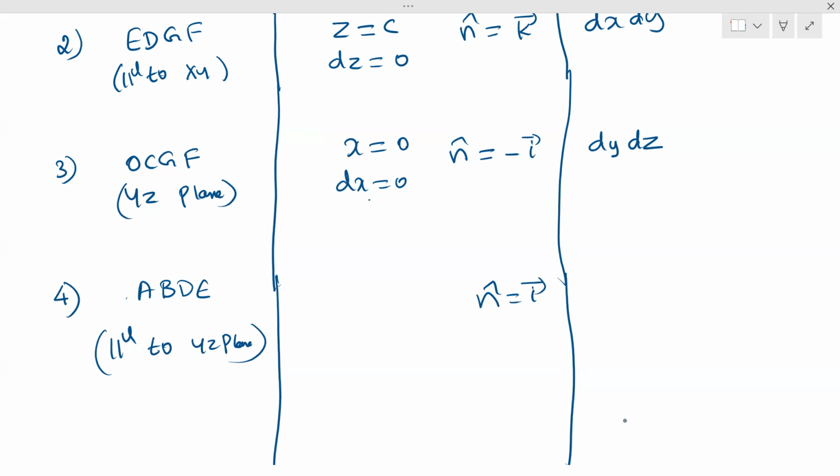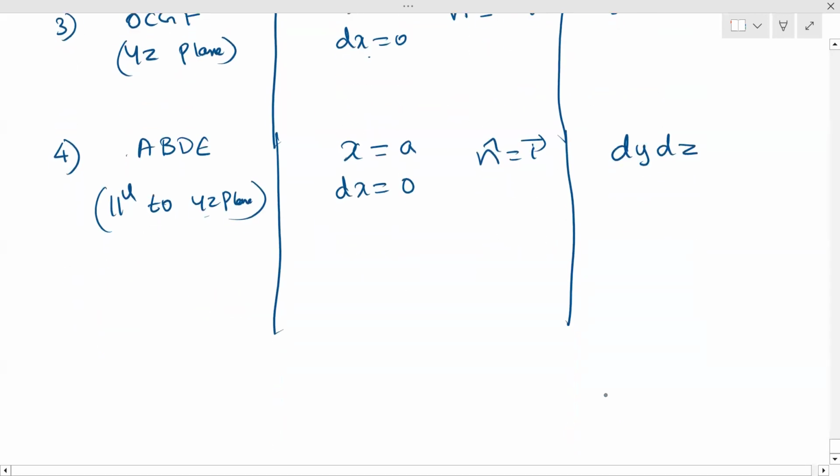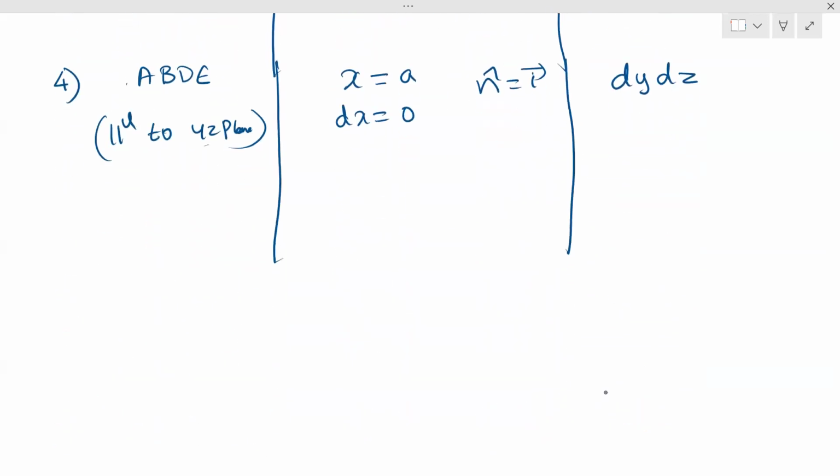And what is the equation? It is the other variable. For the YZ plane, what is the other variable? x. x is constant. Here the constant they have given is x equal to d. So dx equals the differentiation of a constant, which is 0, and ds is dy dz. So xy is over, yz is over. Next we go to the zx plane.